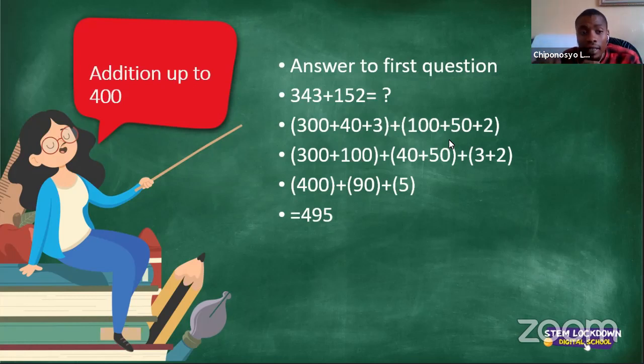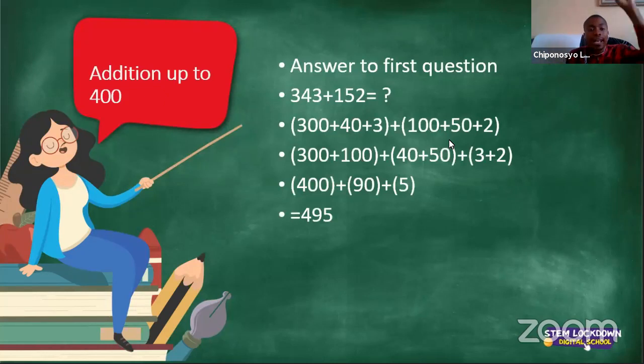Then I add my tens together. 40 plus 50 gives me 90. Then I add my units together, which is 3 plus 2, which is 5. Then we add them together now, which is 400 plus 90 plus 5. At the end of the day, I have 495.